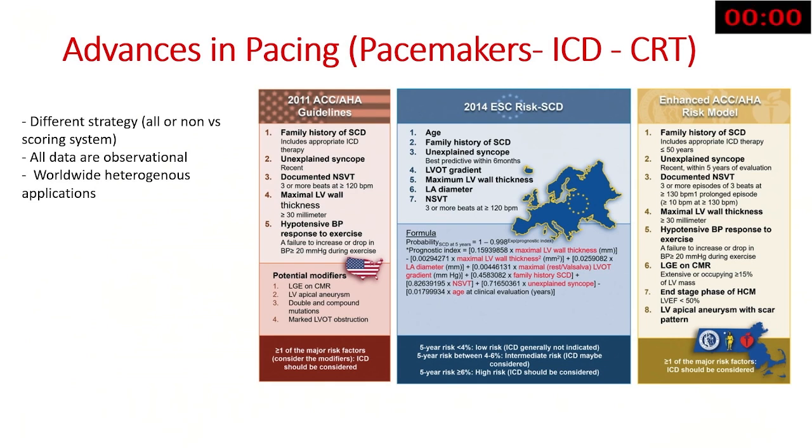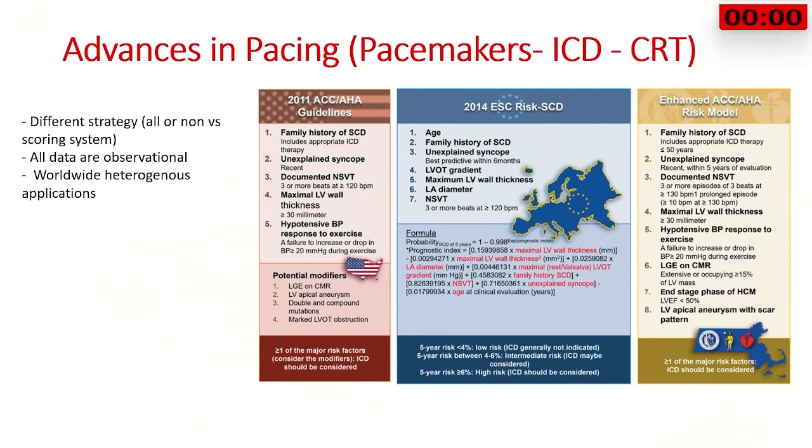Regarding sudden cardiac death risk prevention, as you all know, we have different strategies worldwide. We have the American one, which is all or none. If you have one criterion, you will go for ICD. On the other hand, the European one is based on a scoring system for items, and if you achieve a cutoff, you will insert an ICD.